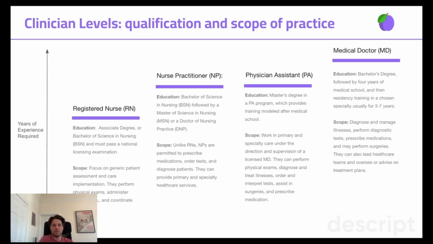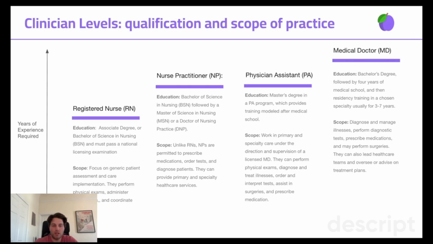For clinicians, there's different levels. A registered nurse, nurse practitioner, physician assistant, and medical doctor all have different educational requirements, and the scope of their practice is also unique. You can see how FHIR provides a nice way to universally represent these, but also give customizable qualities to different types of employees or entities of all different types.